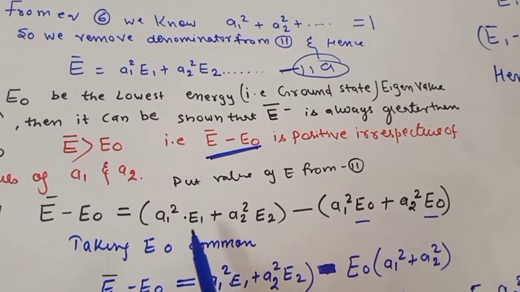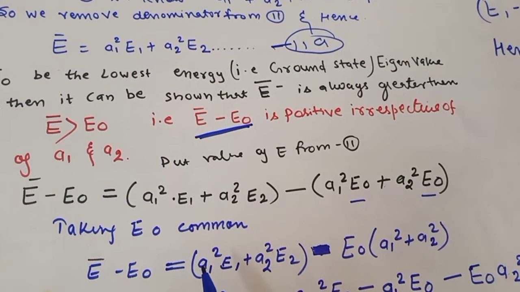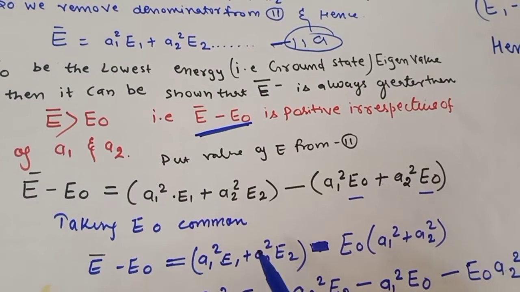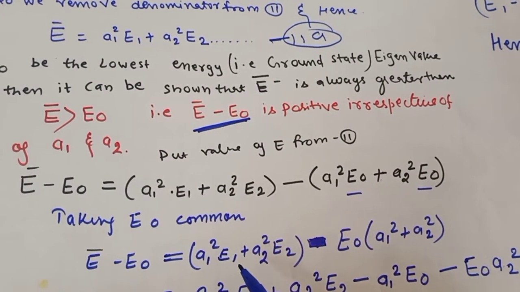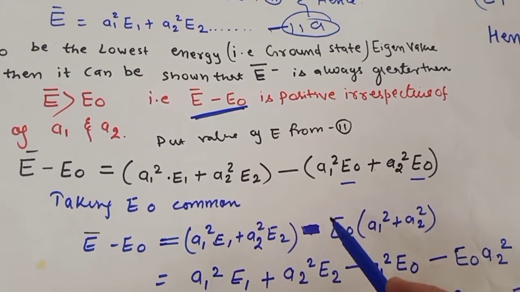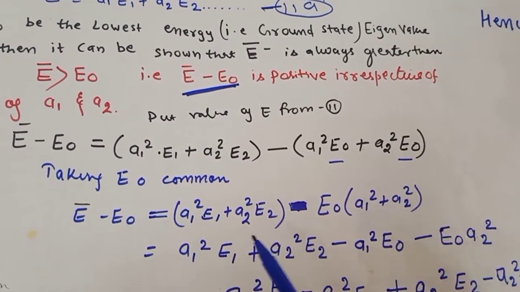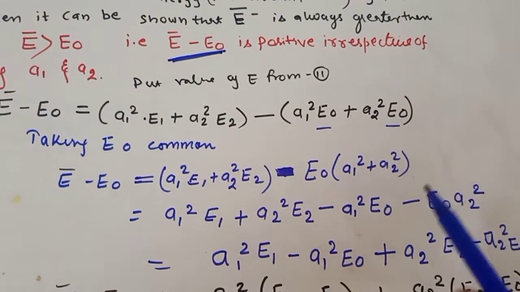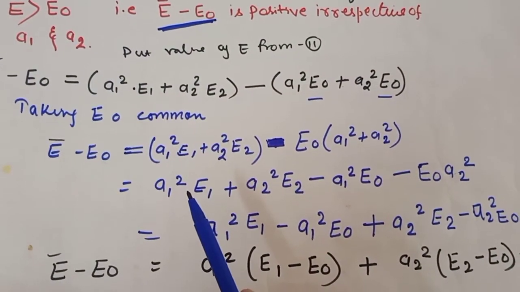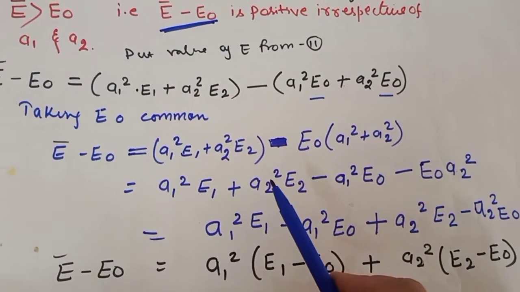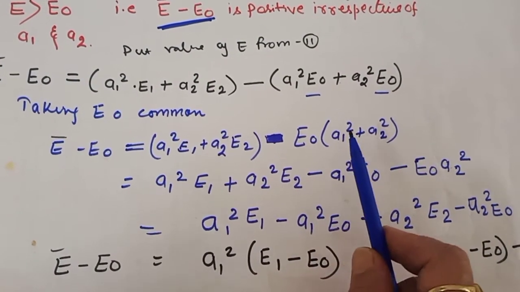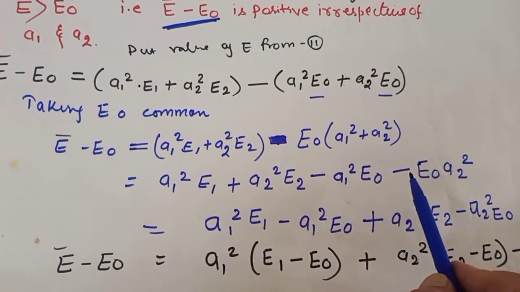So we take E0 common in this term. It is the same: a1 square E1 plus a2 square E2 minus E0 into (a1 square plus a2 square). Now we open the bracket and get a1 square E1 plus a2 square E2 minus a1 square E0 minus E0 a2 square.